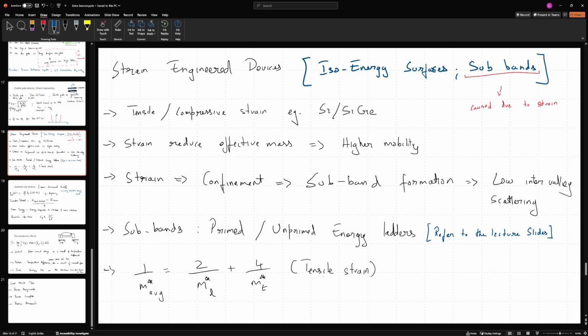So this is for uniaxial tensile strain. If there is a tensile strain in one direction only, along one axis, then that axis becomes your longitudinal axis. So this is where the strain is applied. So this effective mass will become lower. Okay, so here I will also write this m star L would be less than m star T.